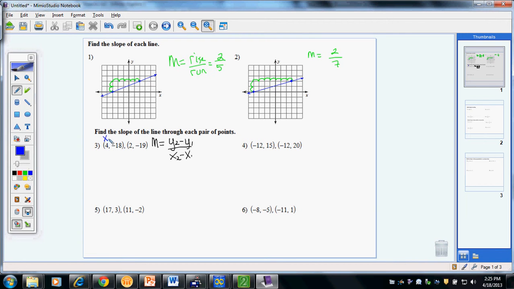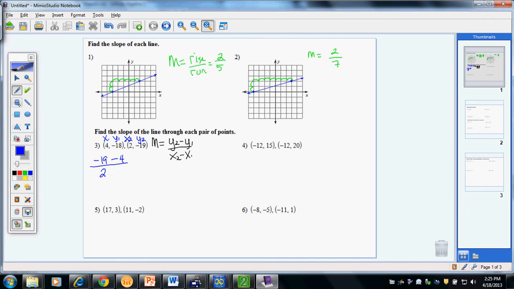This is our x1, our y1, our x2, and our y2. So the slope is y2, which is negative 19, minus what we have for x1, which is 4, over x2, which is 2.